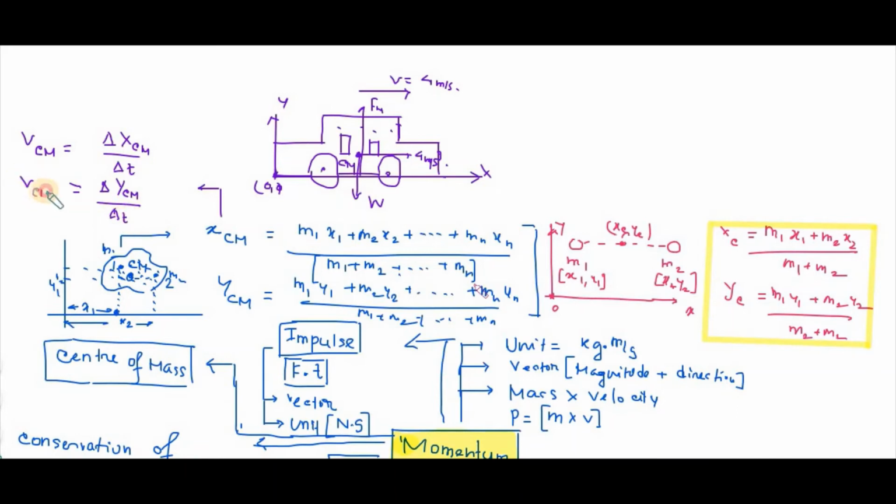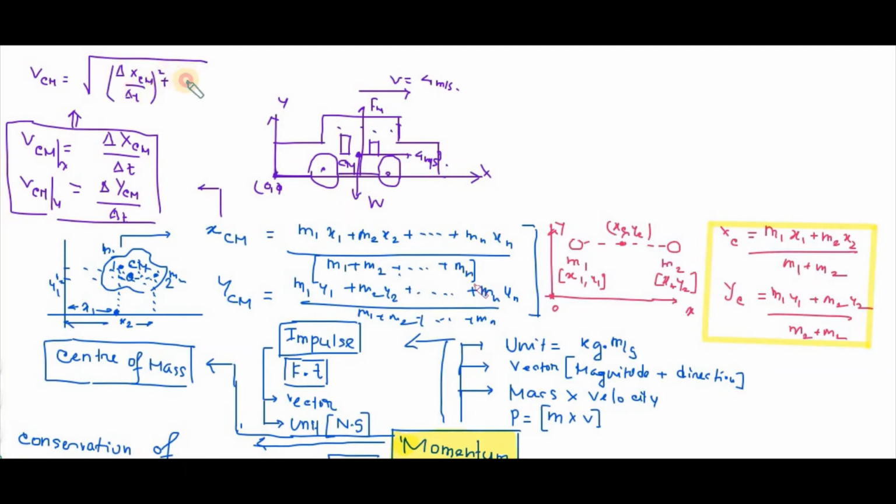The velocity of the center of mass is the square root of (delta x cm upon delta t) whole squared plus (delta y cm upon delta t) whole squared. That represents the velocity of the center of mass.